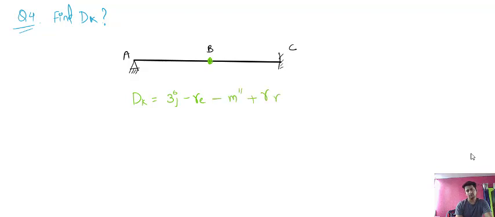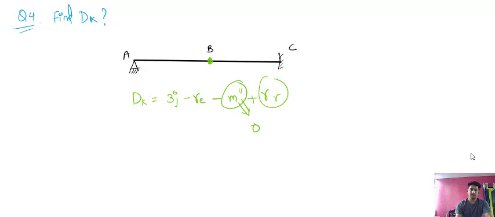So this is the formula for calculating the kinematic indeterminacy. Here m double dash is the number of axially rigid members. In the numerical it has not been given that any member is axially rigid. So here m double dash will be 0.